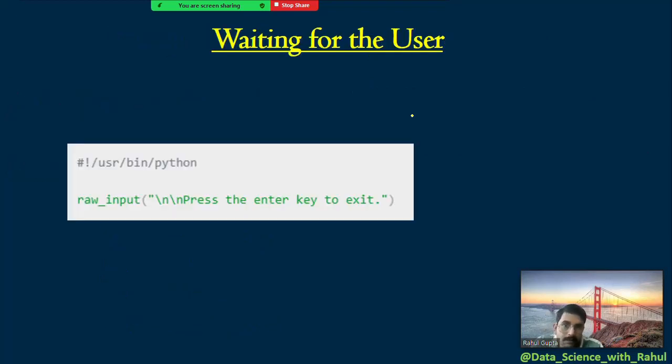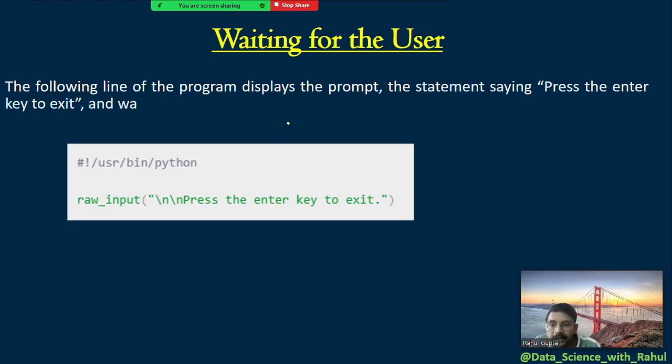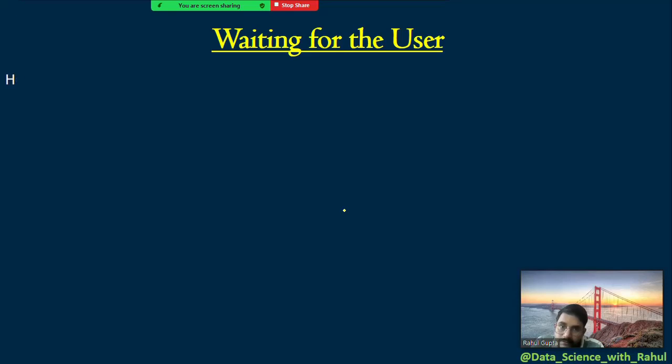Now the next concept is waiting for the user. Sometimes we want to ask for input from the user. The statement says, press the enter key to exit, and then waits for the user to take action. So here we write raw_input and put a \n, which means the text will come on the next line: press the enter key to exit.